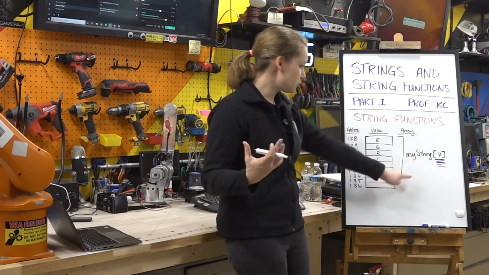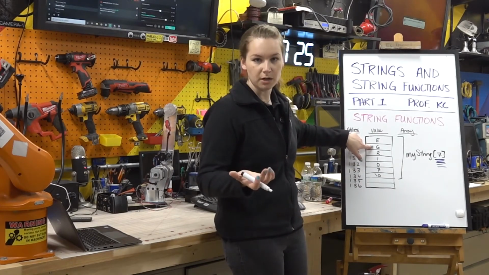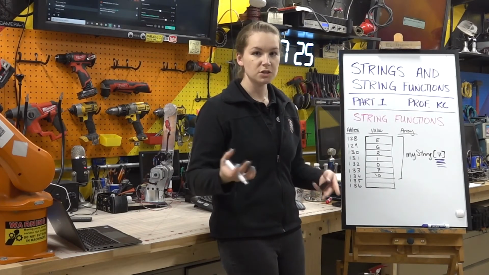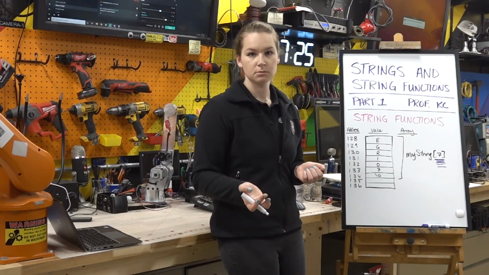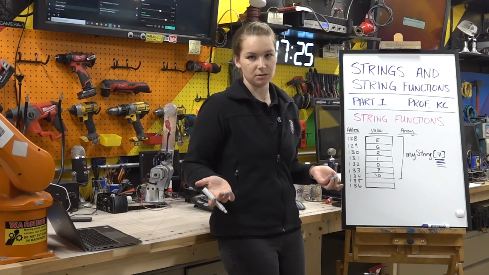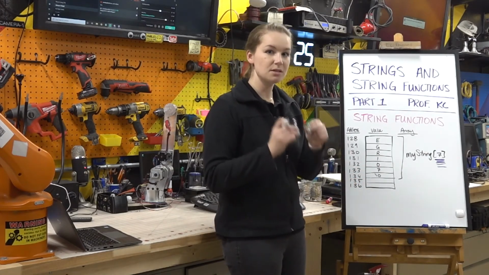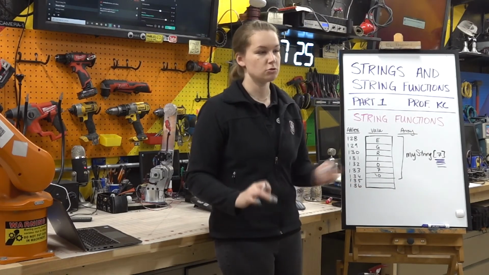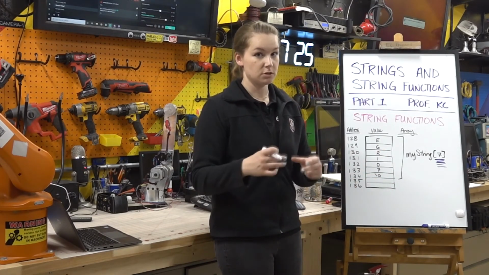If I say my string 1, that would mean this element right here, and I could go there and I could see that it's a G. But what if I just say the name of it? What if I just say my string? What is my string? My string is the address of the start of the array. This is the case for any array, whether it's a string or it's numerical. The name of the array is the address of the start of the array.